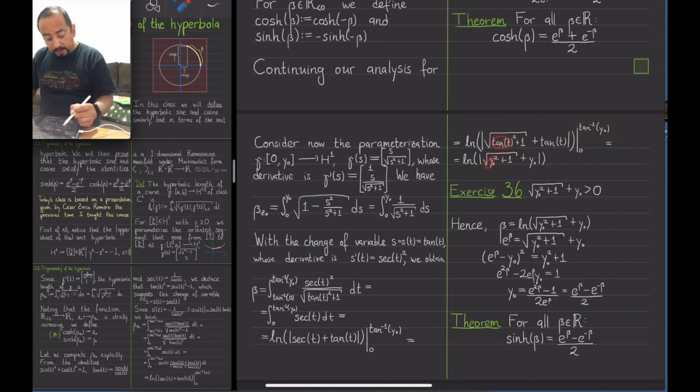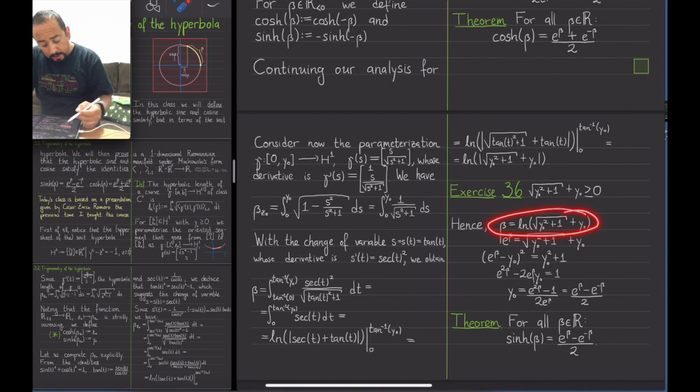Now, this number is positive; this I leave you as an exercise. It's an easy exercise. What would happen if it were not? Well, non-negative. And so we can write this without the absolute value signs.